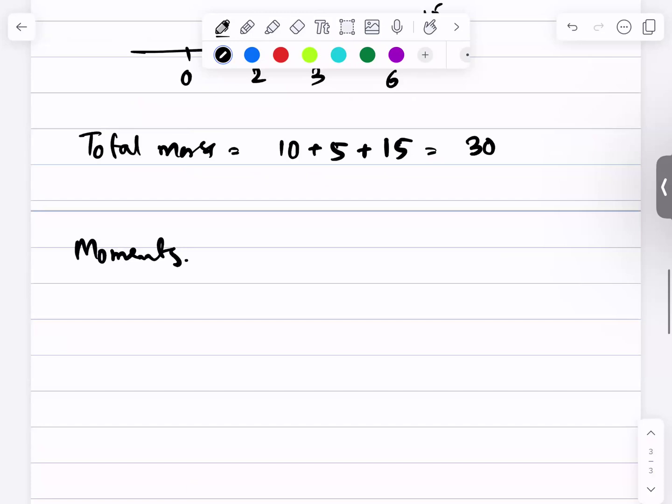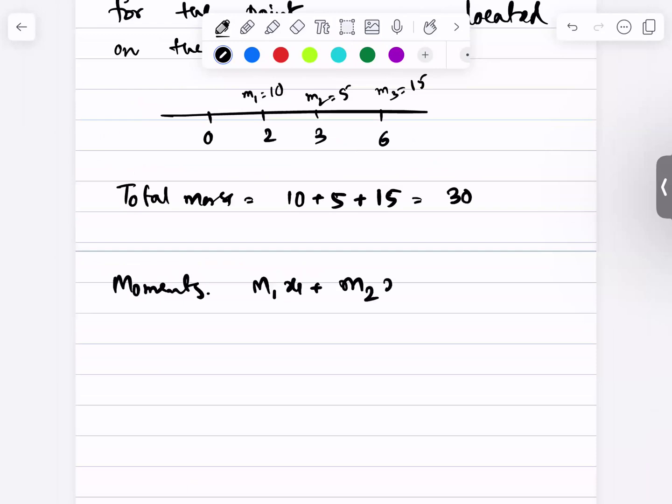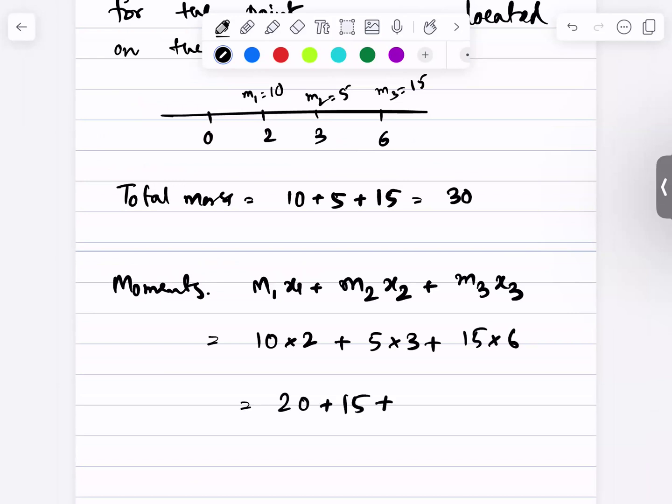So the moments will be m1 x1 plus m2 x2 plus m3 x3, which is 10 times 2 plus 5 times 3 plus 15 times 6, which is just 20 plus 15 plus 90. In total, it will be like 205, I guess. No, no. Okay, no. It would be 125.